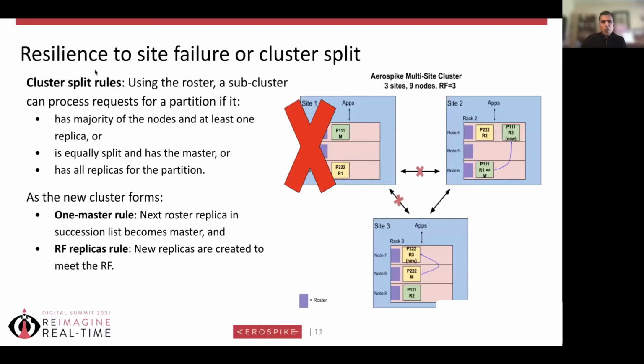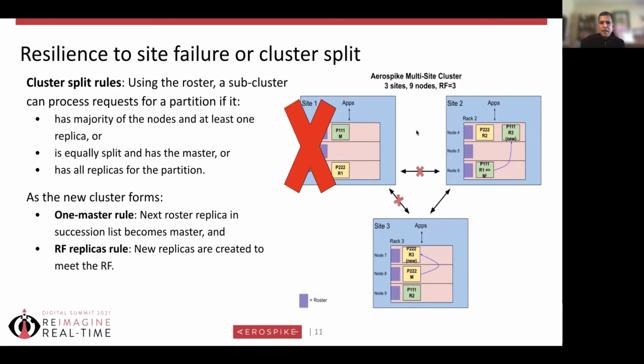Now we'll quickly walk through a site failure or cluster split scenario and how a multi-site cluster recovers from it, and also introduce the new Tiebreaker Node solution that we have introduced recently. So let's look at this scenario where you have a 3-site cluster with 9 nodes, 3 nodes per site, with a replication factor of 3.